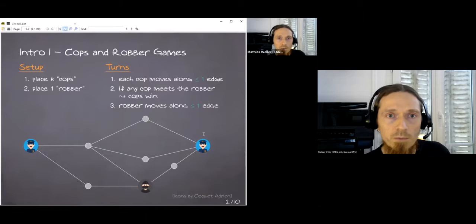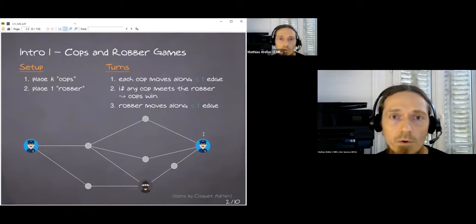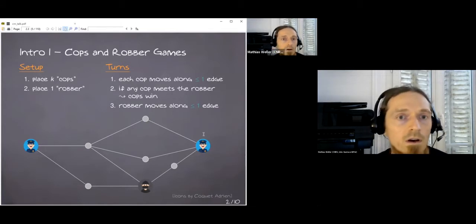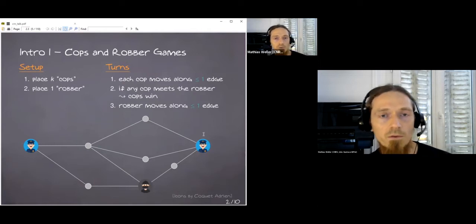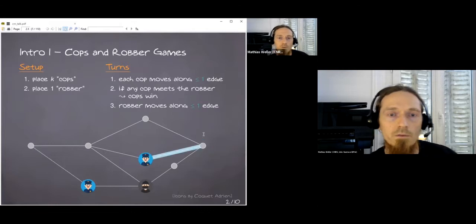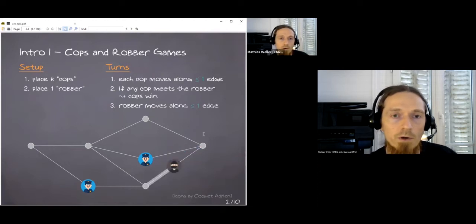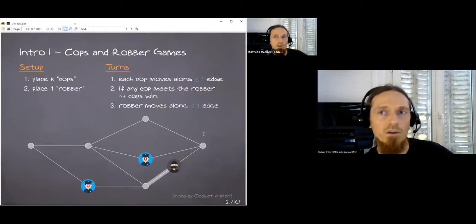And if at any point after the cop player moved, he manages to put one of his cops on top of the robber, then the cop player wins. So for example, the first turn in this particular example might look like this. Cop player might move his left cop there, his right cop there. And then since the robber has not been caught, the robber might still move, for example, there. And at that point, everything would start over.